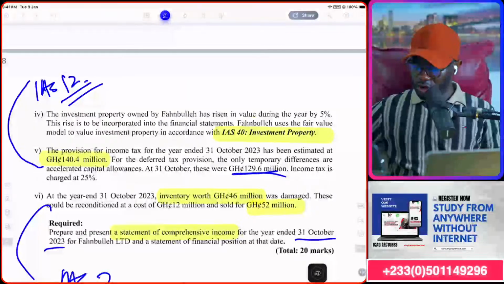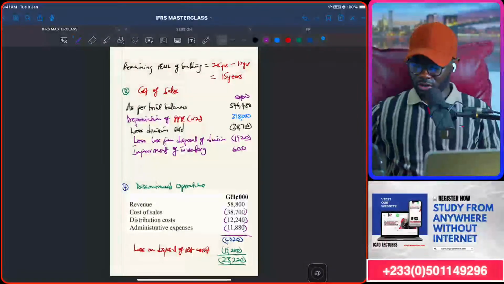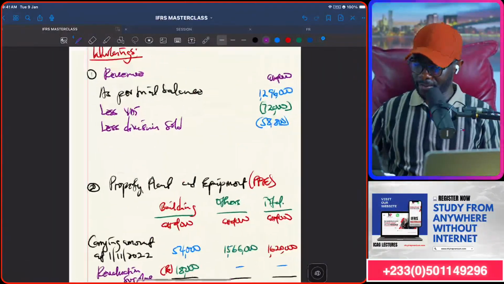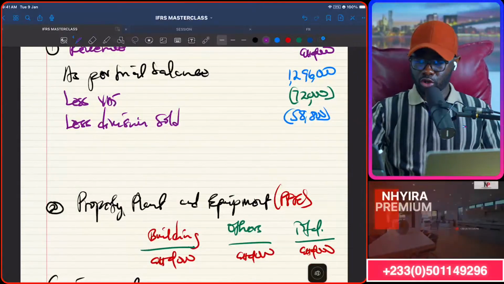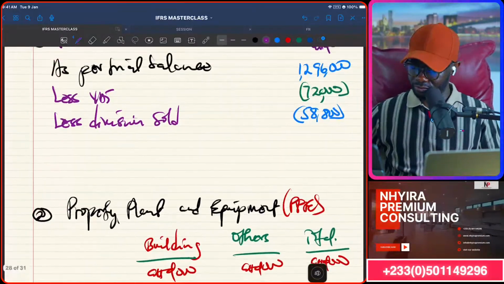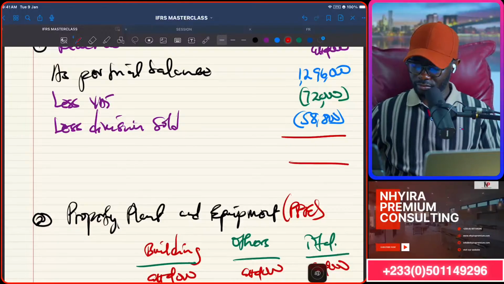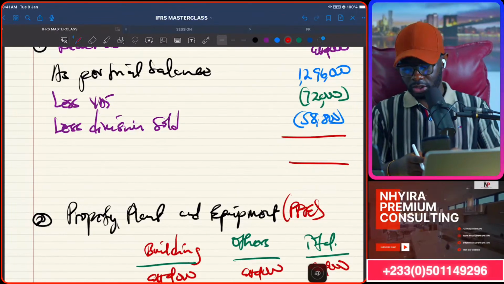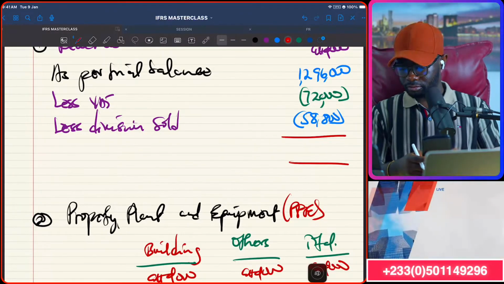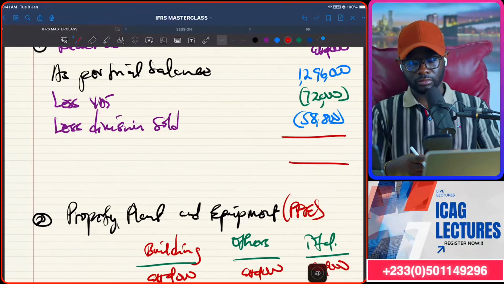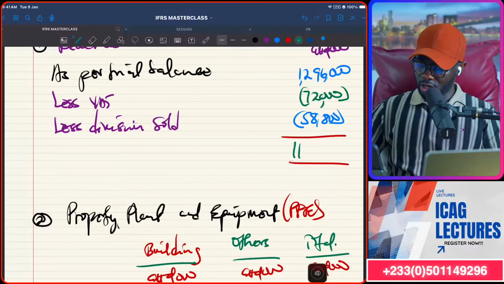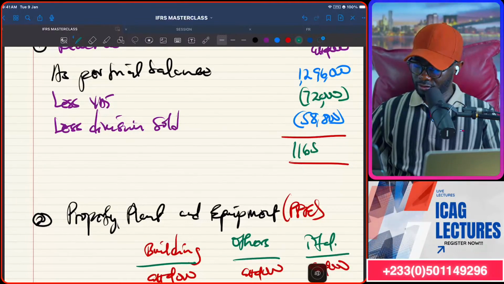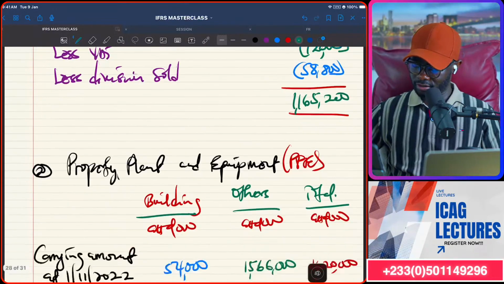So let's go and add the pieces together here. So we start with the revenue to get a total. And that is 1,165,200.